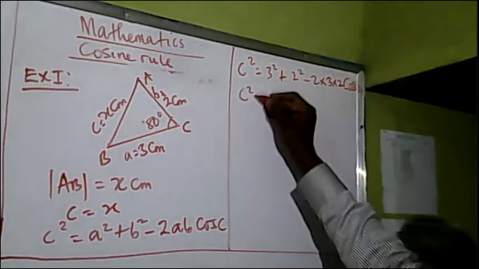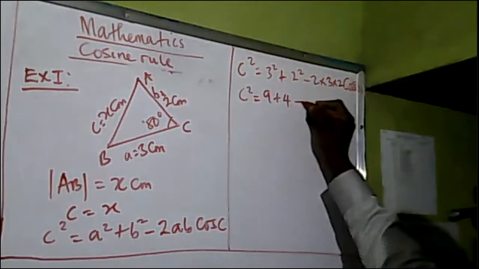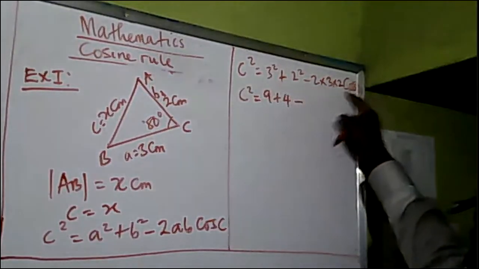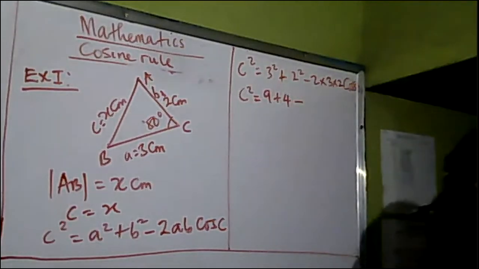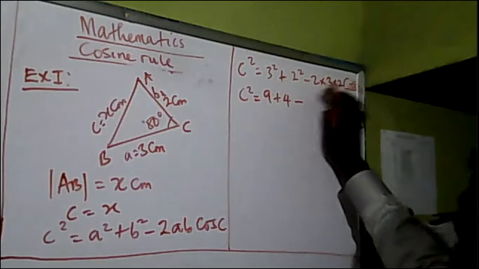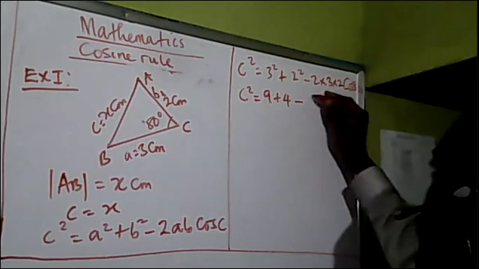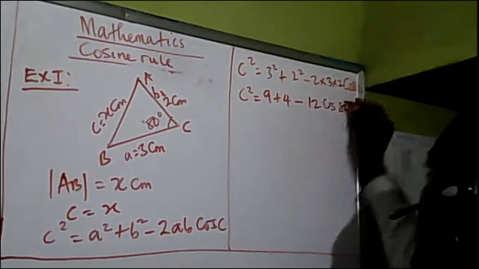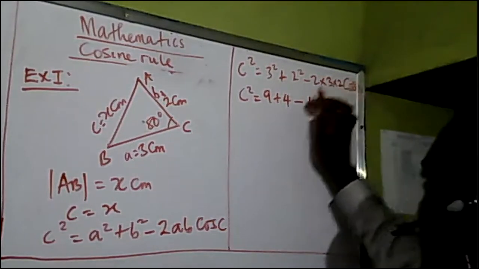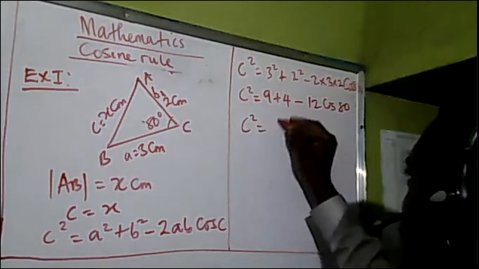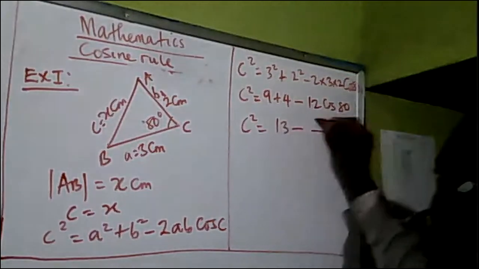So c squared will give us 9 plus 4 minus, this is in the first quadrant, so you don't need to say 180 minus anything. Just use your calculator directly. 2 times 3, 6, times this 12 cos 80. Because it's in the first quadrant, your answer will be positive. Positive times negative will still remain positive. So 13 minus whatsoever this gives you.